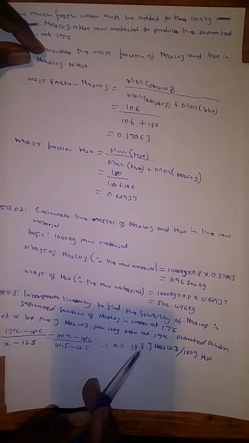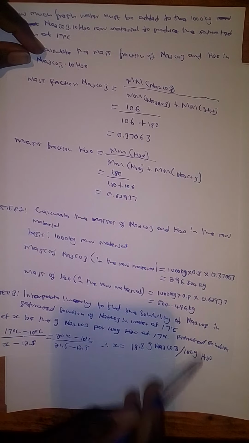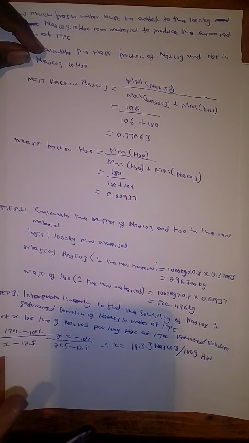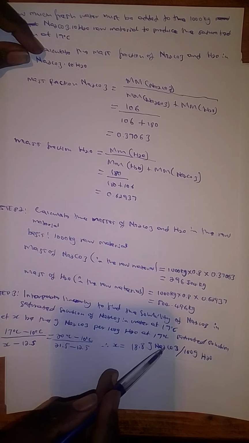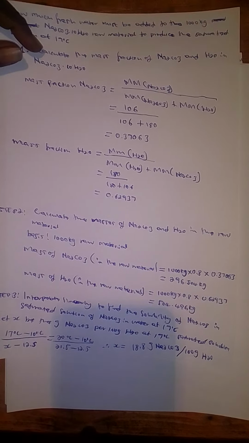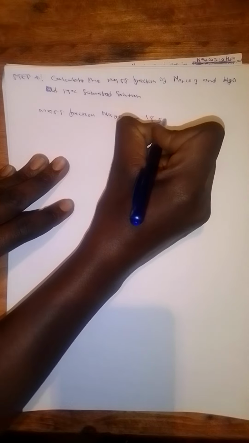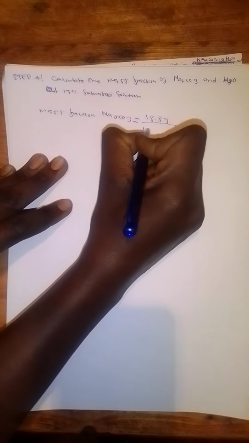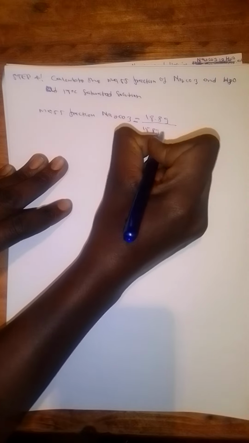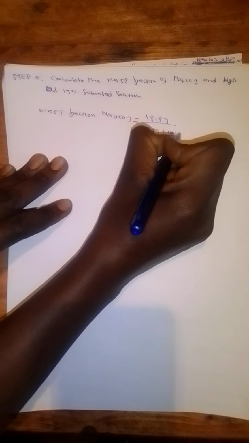So we can use 18.8 and 100 grams, add them and make them the total mass, and use both the individual masses, 18.8 for Na2CO3 and 100 for H2O, to get the mass fractions. So with that said, we can just say 18.8 grams all over 18.8 grams plus 100 grams.